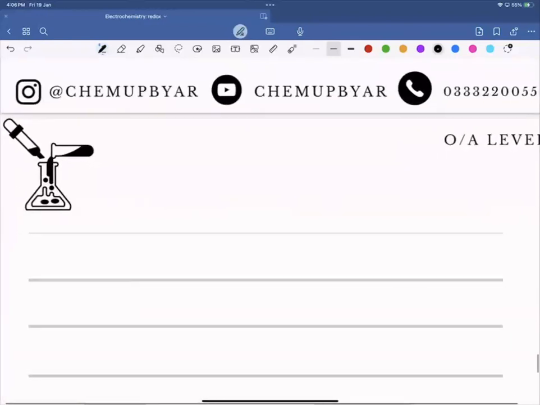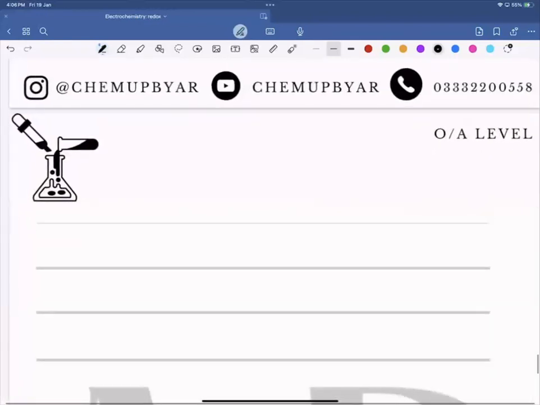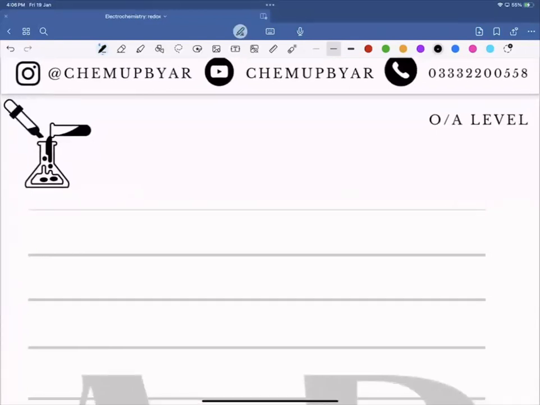Now, next we have the rules. That is the last part of redox, how you will balance a redox equation. So first we are going to discuss the rules for balancing a redox equation.